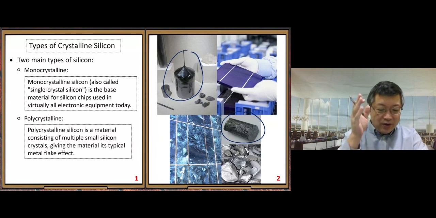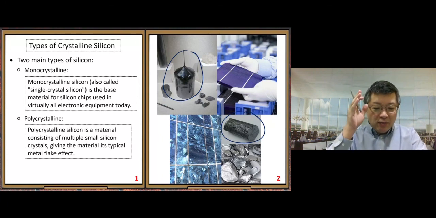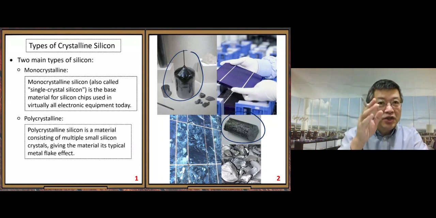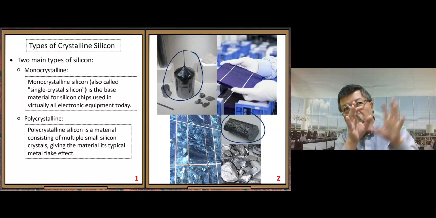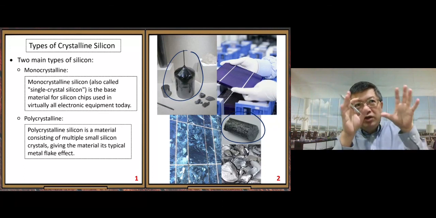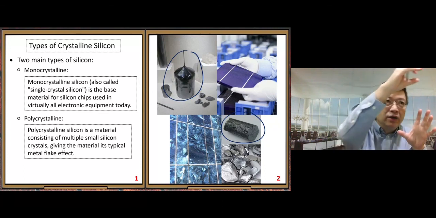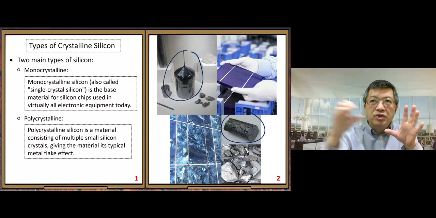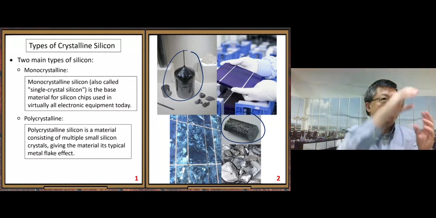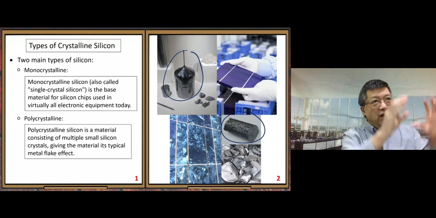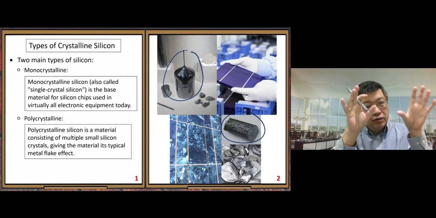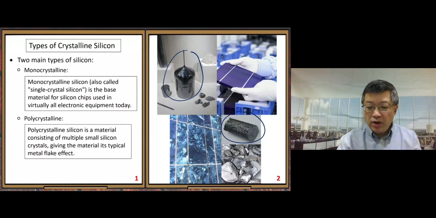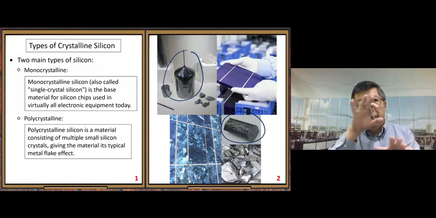Then polycrystalline is a material consisting of multiple small silicon crystals. So it is not a uniform structure. The structure contains several different types of crystal structures. Because of those different crystal structures, you can see the shape on the surface is not very smooth.